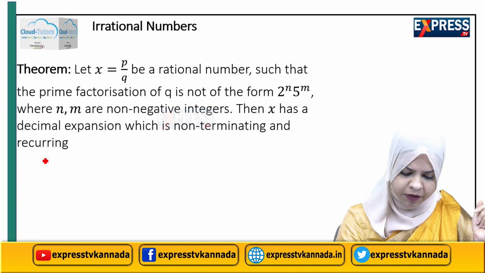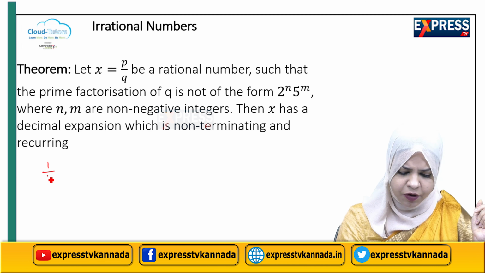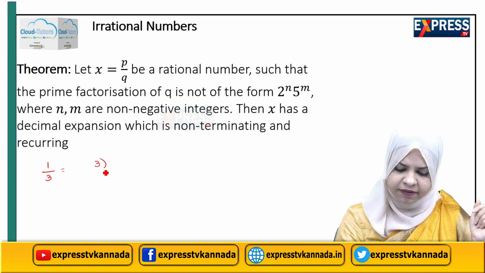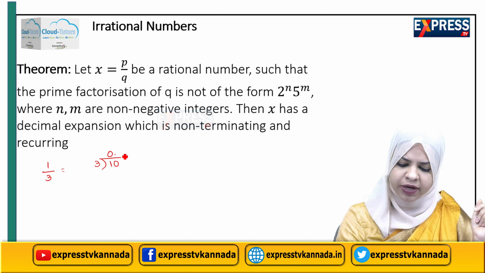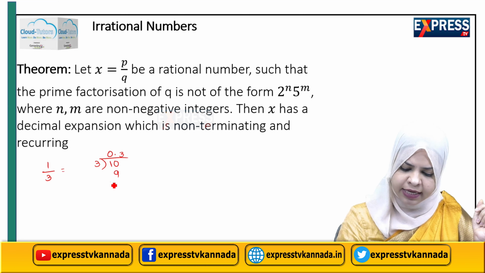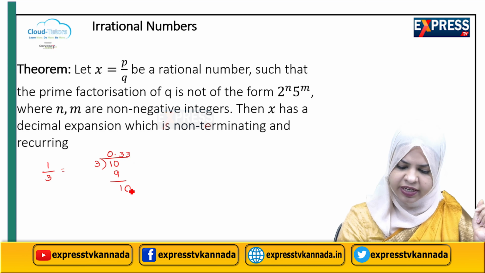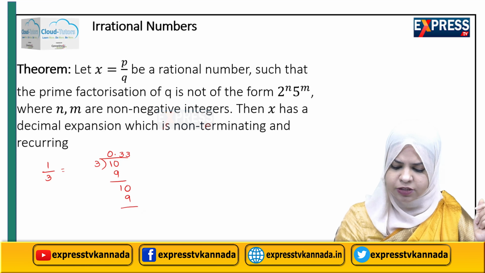So let me take an example first. Say 1 by 3. When I divide this, 3 divided by 1, it is not divisible, so I add a decimal point and get 10. So 3 times 3 is 9, remainder 1 again, and this goes on.